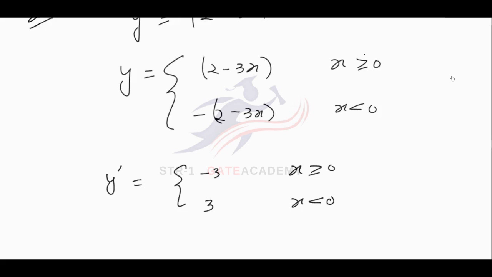Now in that particular thing, x is basically 2 by 3, not 0. So there is a function whose derivative is discontinuous at 2 by 3.